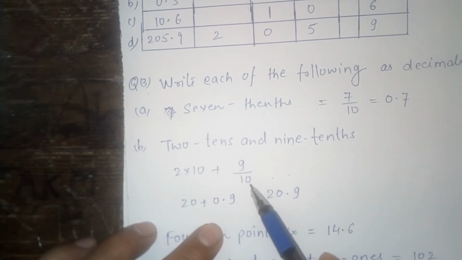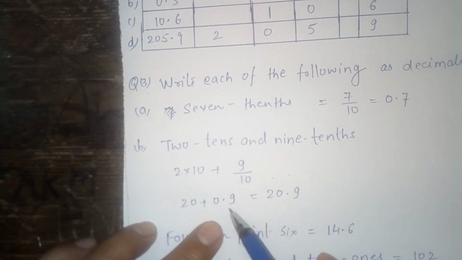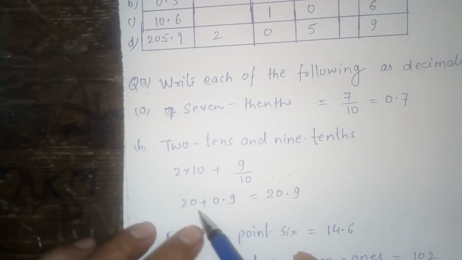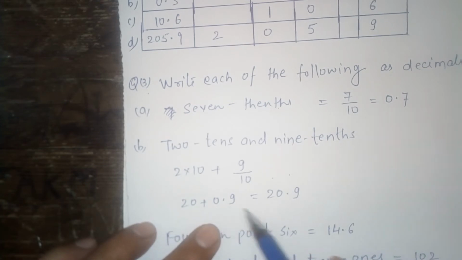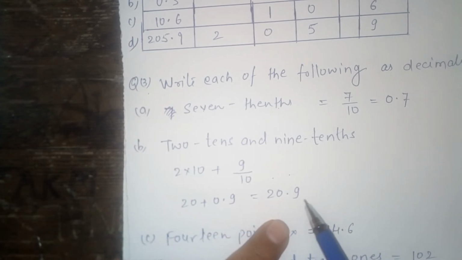In 9 upon 10 the denominator is 10. Okay. In 10 the number of 0s is 1. So before one digit we will put the decimal point. It will become 0.9. So 20 plus 0.9 will give you 20.9.